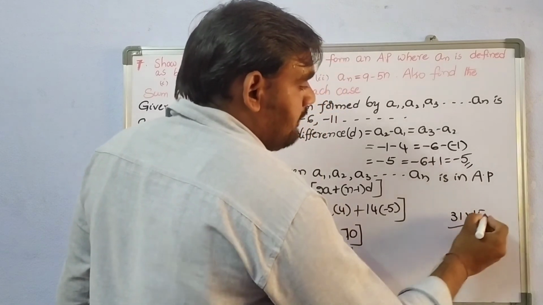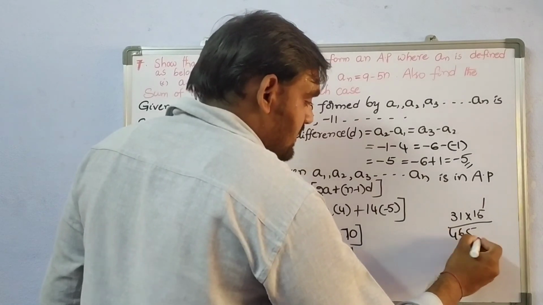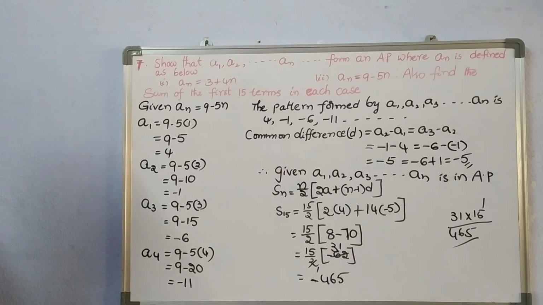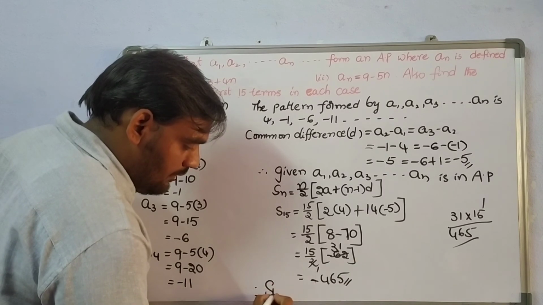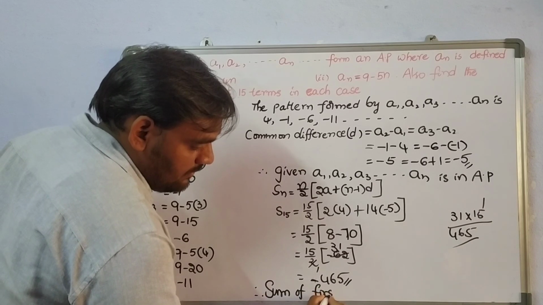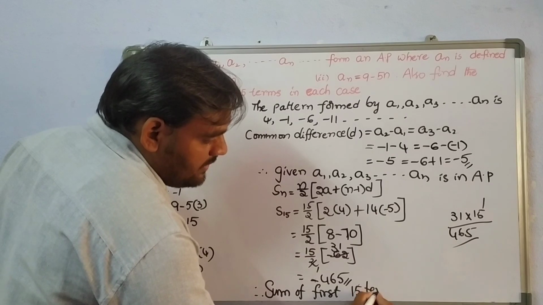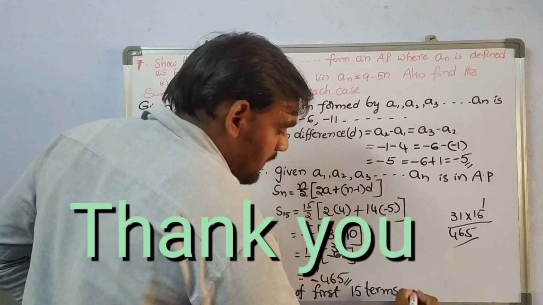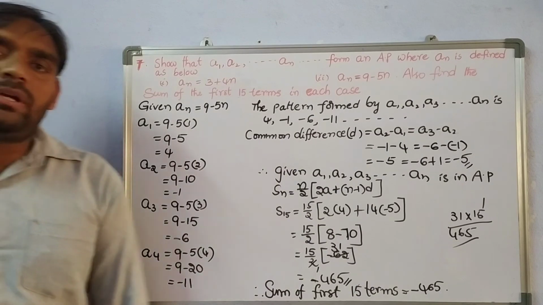We need to multiply. 15 1s are 15, 15 3s are 45. 45 plus 1, 46. So minus 465. Therefore, the sum of the first 15 terms is equal to minus 465. Okay, thank you.